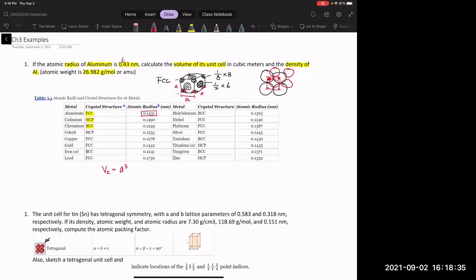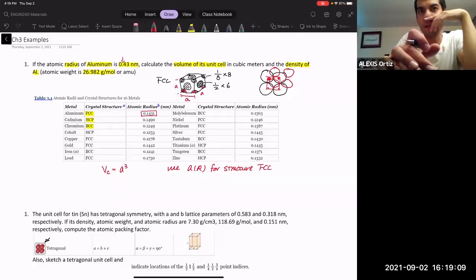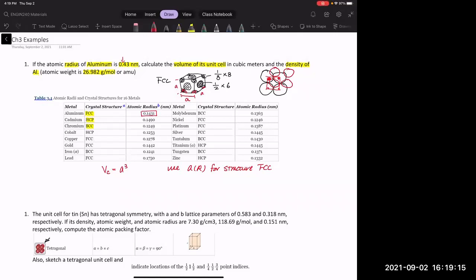But I don't know A, because they didn't give you A, they give you R, the radius. So how do we get A? Tomorrow's lab, you're going to do this, but I'm just going to use the equation. You need to know the A of the FCC in terms of R. This is the radius of the aluminum atom.